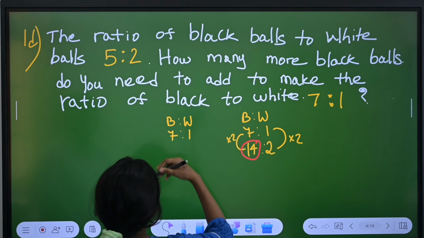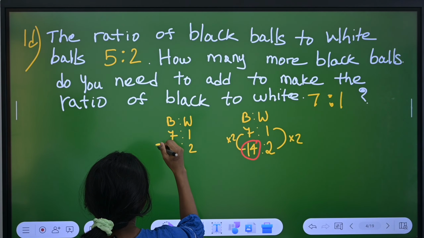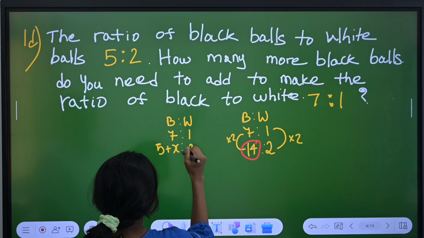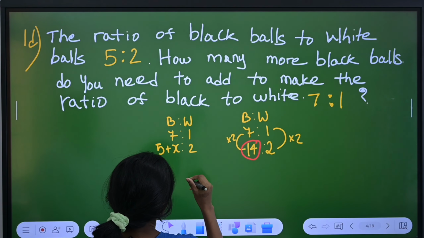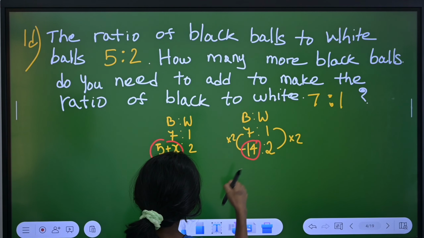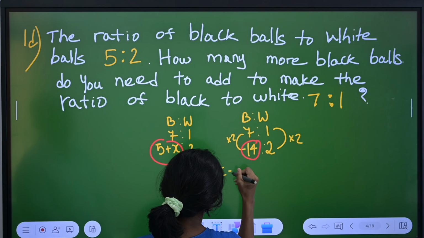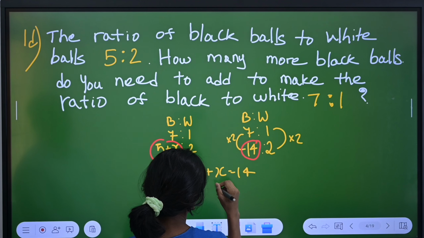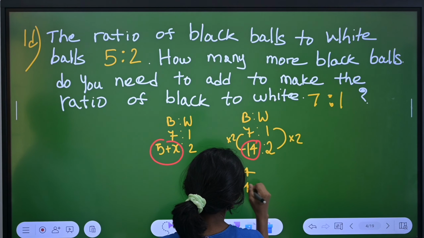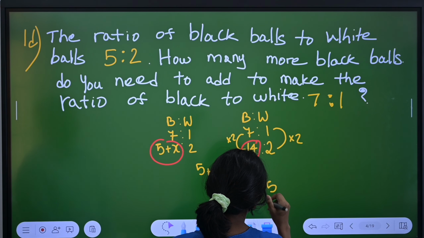Next. What to compare? Okay. Good, good.